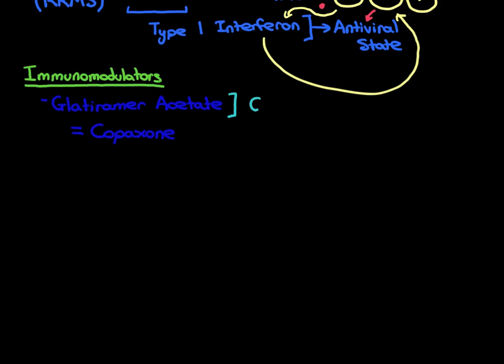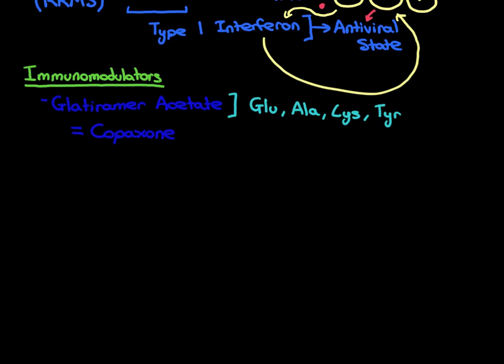So the 4 amino acids are the amino acid glutamate, the amino acid alanine, the amino acid lysine, and I'm using the 3-letter abbreviations for these amino acids, and the amino acid tyrosine. So these are 4 amino acids, and we can make great big polypeptides using these amino acids. And that's what glatiramer acetate is.